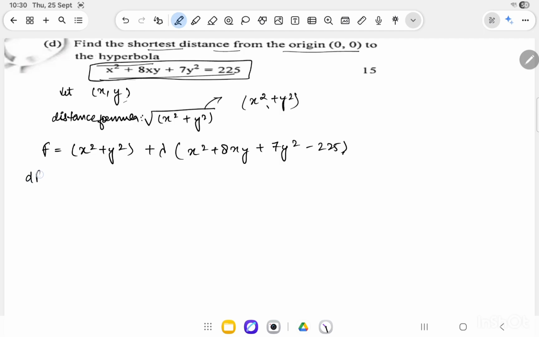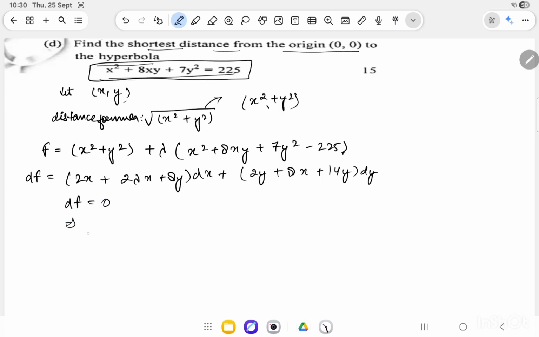So from here I can calculate dF, that will be (2x plus 2 lambda x plus 8 lambda y) into dx plus (2y plus 8 lambda x plus 14 lambda y) into dy, and then you can just equate dF with 0.